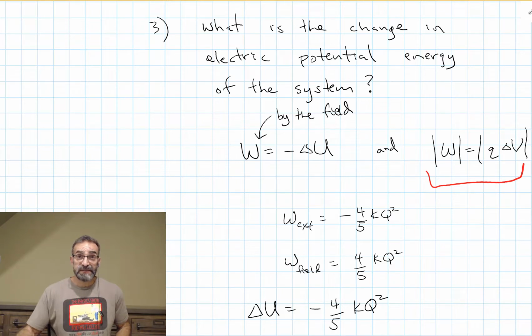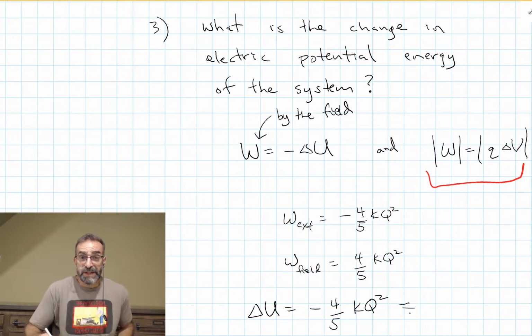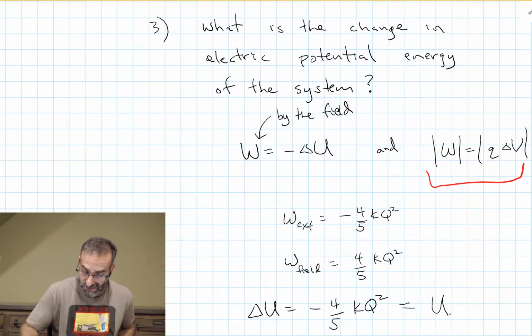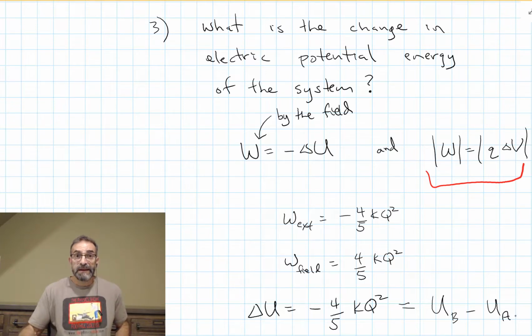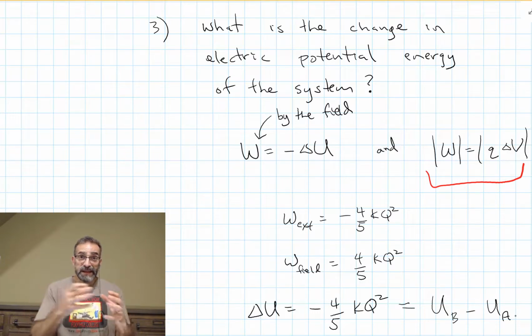Does that make sense? Should the change in potential energy of the system be negative? Change in potential energy is final minus initial, and it's negative. That means the potential energy that the system had stored in it at the initial condition, when the charge was at A, has to be greater than the potential energy stored in the system at the final position.